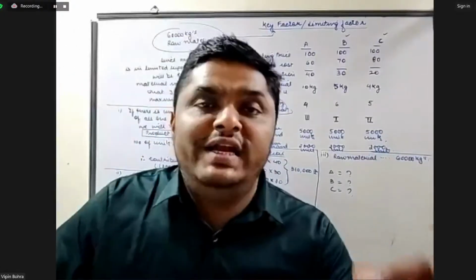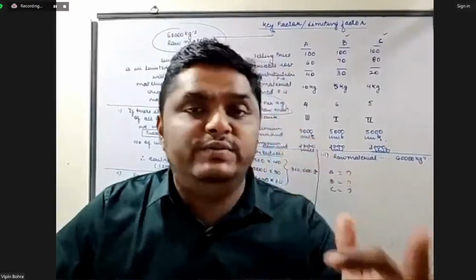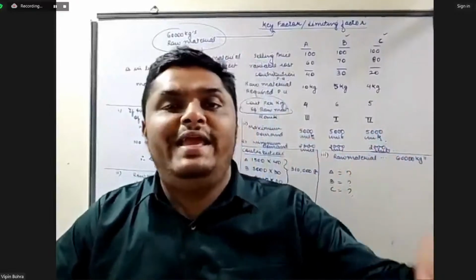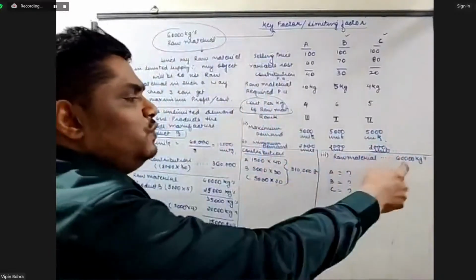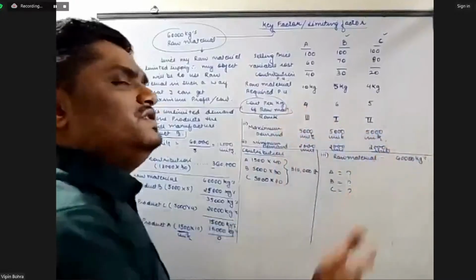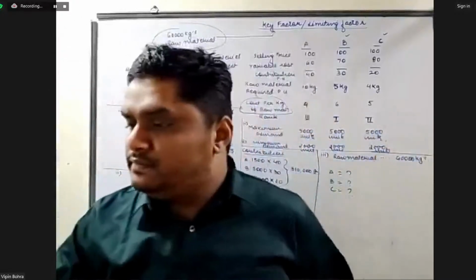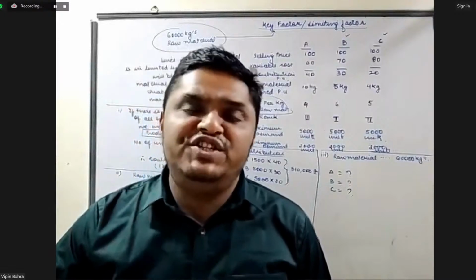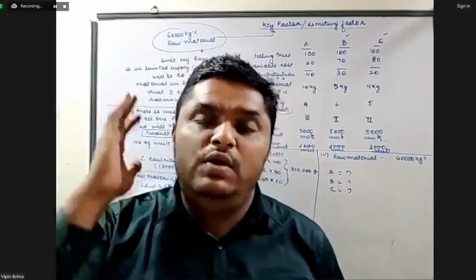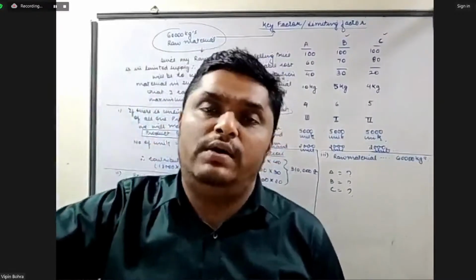You have to post how many units we should manufacture of product A, B, and C if the minimum demand is 2,000 units and the maximum demand is 5,000 units. It's a very easy question if you are thorough with the concepts. Again, there are no formulas in cost accounting.